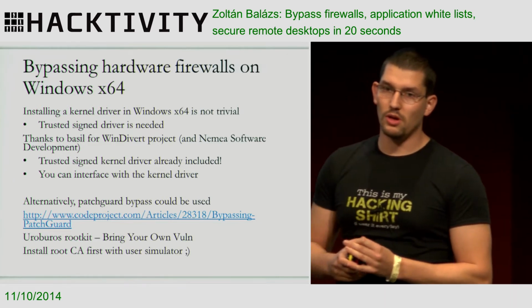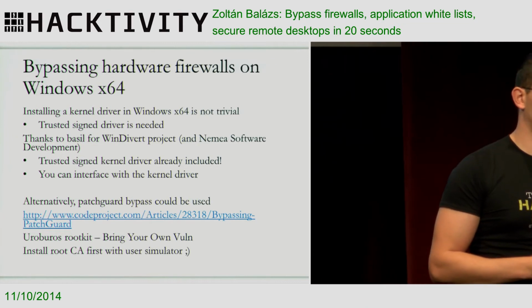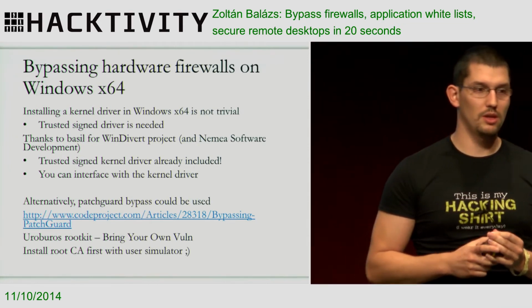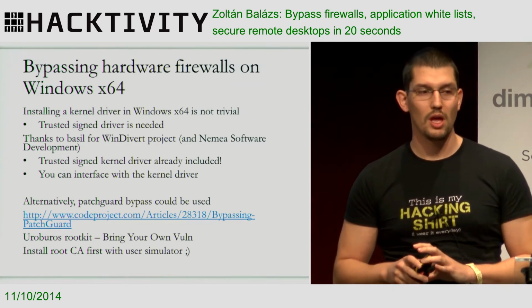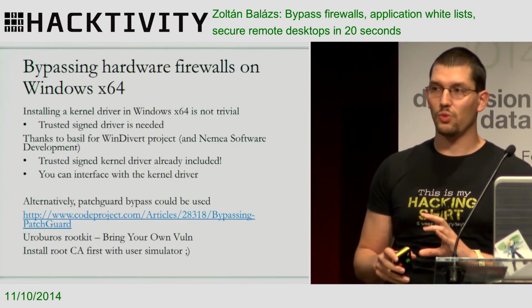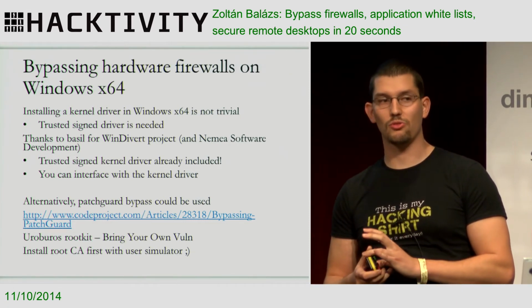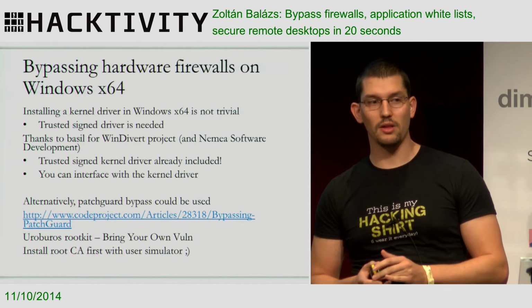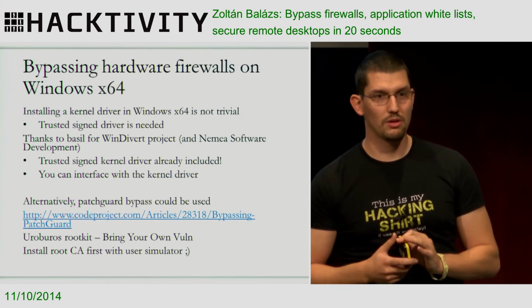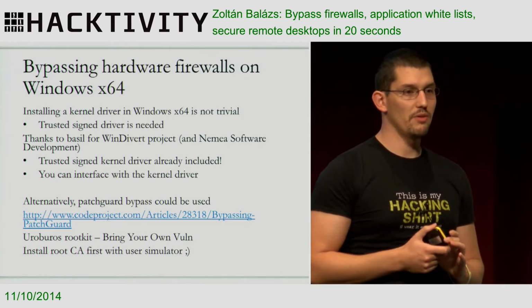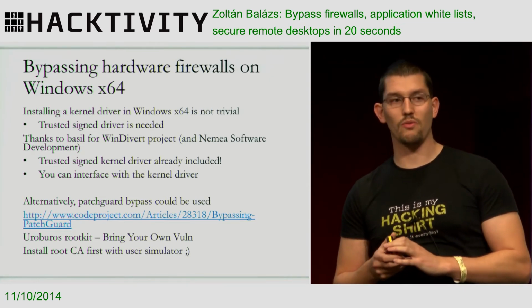So as I mentioned, I had to do this on the kernel driver level because Windows already implemented this network filter driver application interface. And in order to install a kernel driver on a new Windows 64-bit system, it is not trivial because a trusted signed driver is needed in order to do that. But luckily, I have found a great framework called WinDivert, and my kernel driver is basically implemented in this framework.